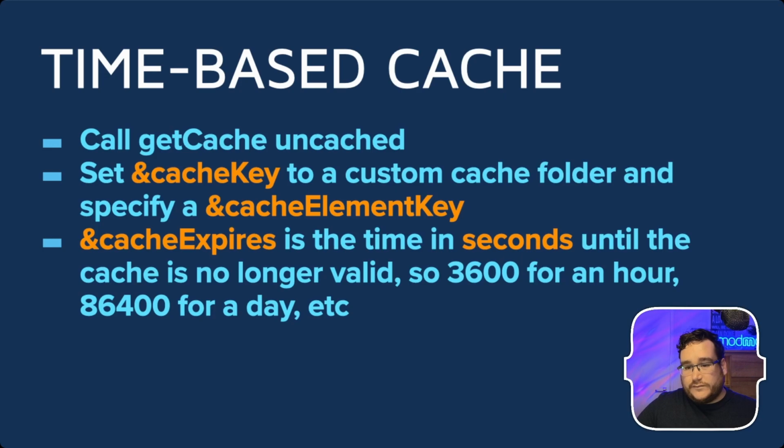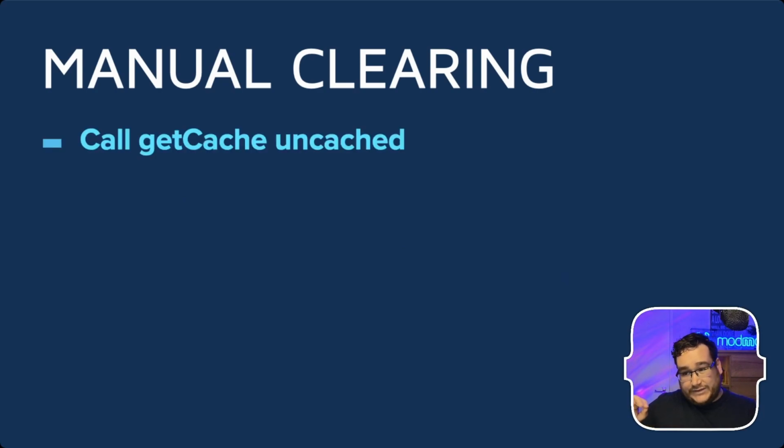call the original snippet. Instead of specifying an expiration time, you can also use a manual approach, where you're personally in charge of clearing the cache. For this, you need to again call getCache uncached. Otherwise, we only save the output in the resource cache, and we do need it to run whenever something may be different.